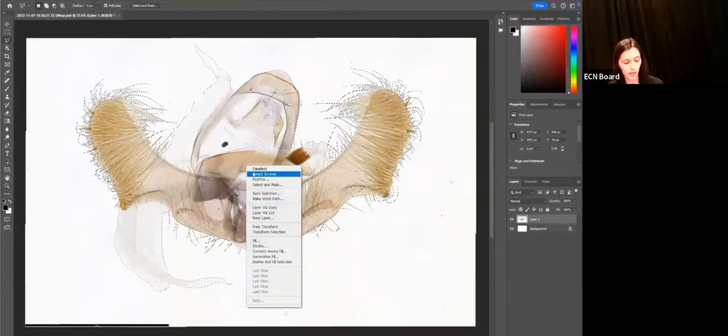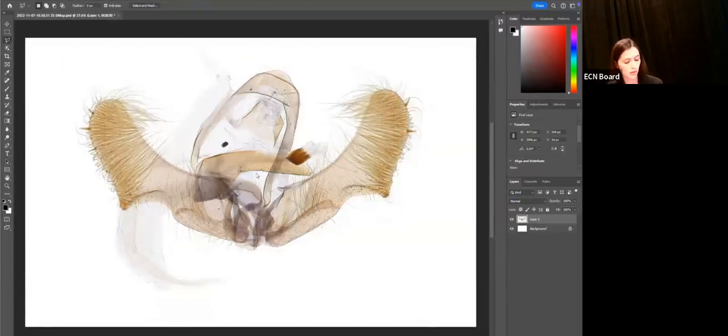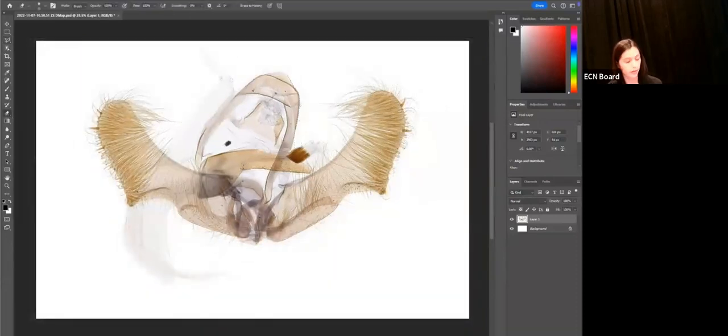All right, and then here, skipping ahead, I've already made all the alterations needed to complete my selection of the genitalia using the polygonal lasso tool. At this point, I used the select inverse function to select the background instead of the genitalia itself, so that I can remove the original background and expose the underlying white background. So we have a clean white background.